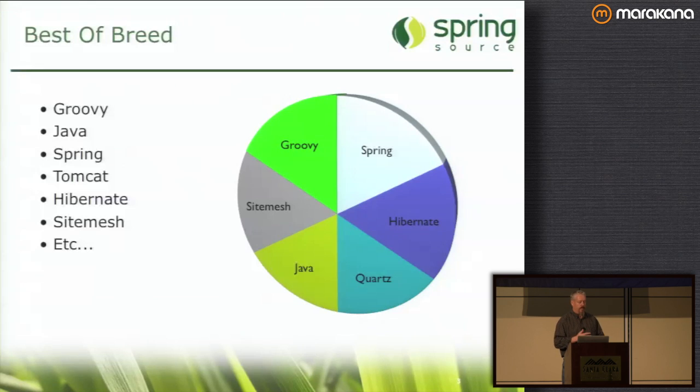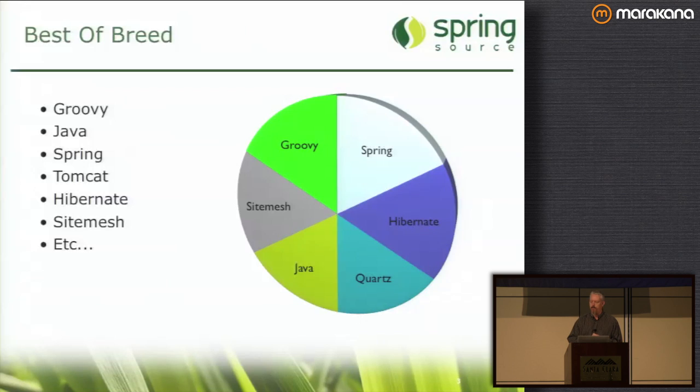So this is a list of some of the big players in that list of best of breed technologies that I mentioned just a while ago, right? Groovy is a really powerful dynamic programming language for the JVM, and Grails uses Groovy all over the place. We use Groovy for lots and lots of things. Of course, Java is part of the story here. All of this is built on top of the JVM.